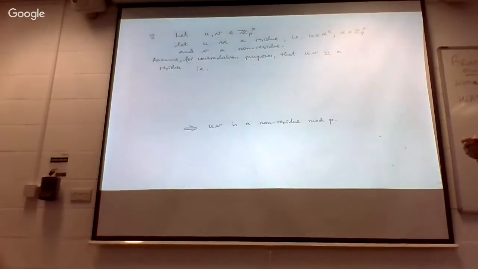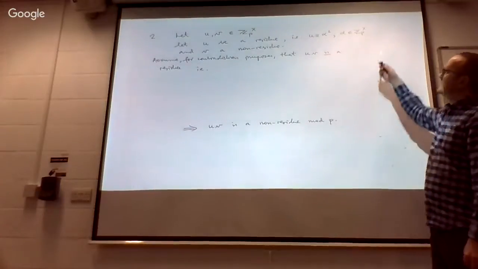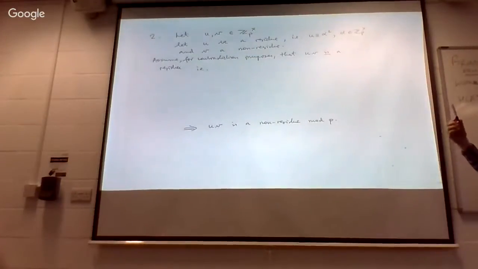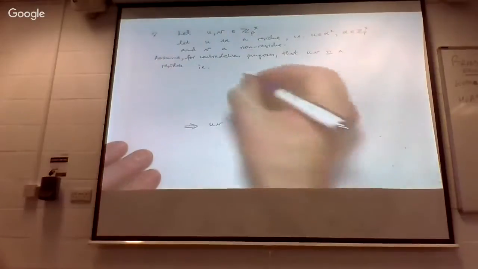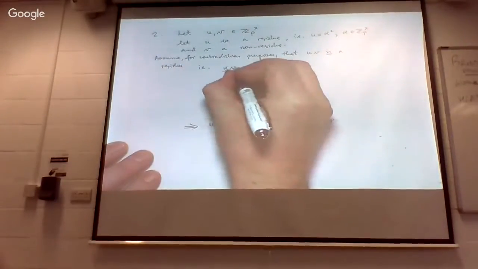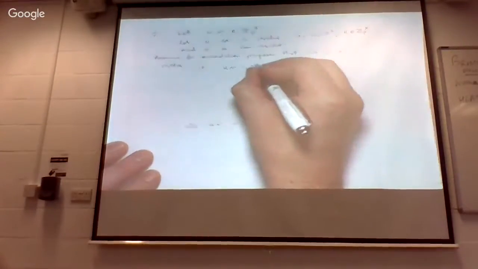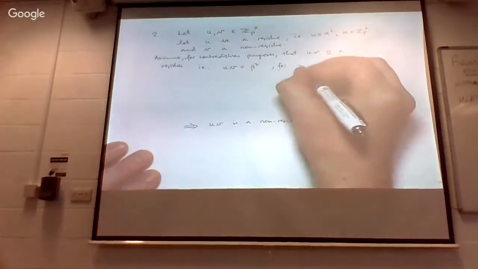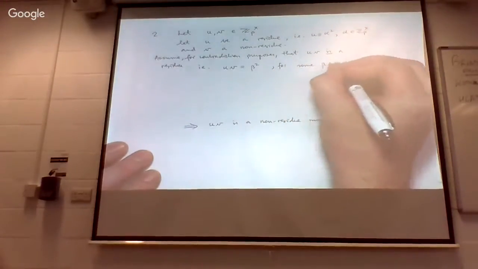A restatement of what we had in part one: that u times v can be written as a square of something. We don't yet know that it has any relation to alpha, but just using the definition, uv is the square of something, beta squared for some beta in Zp.